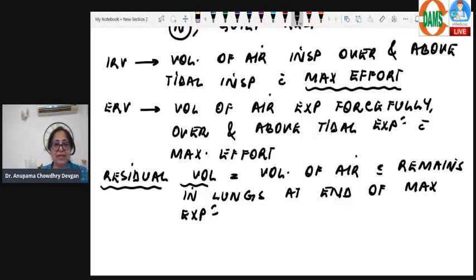Even when I do a forceful expiration, my lung volume is not zero. Volume of air which remains in the lungs at the end of a forceful or a maximum expiration, that is known as the residual volume.